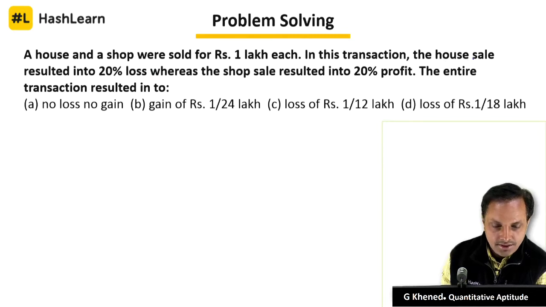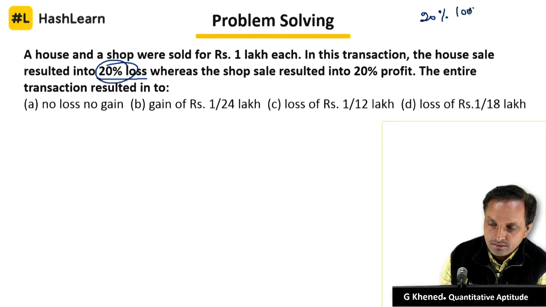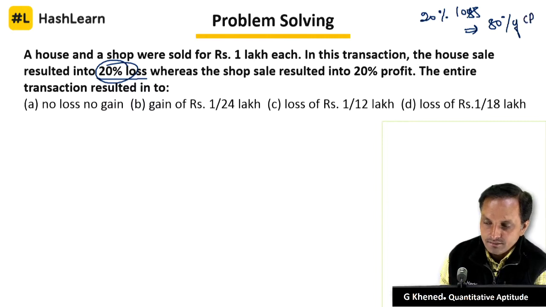The house is sold at a 20% loss. What does 20% loss mean? It is nothing but 80% of the cost price.